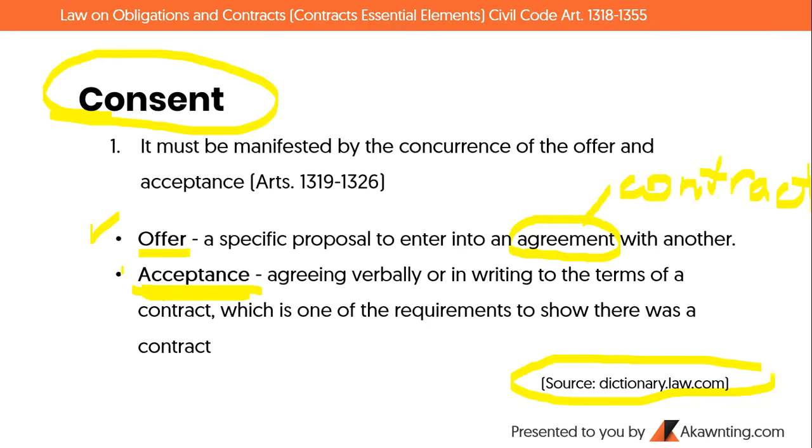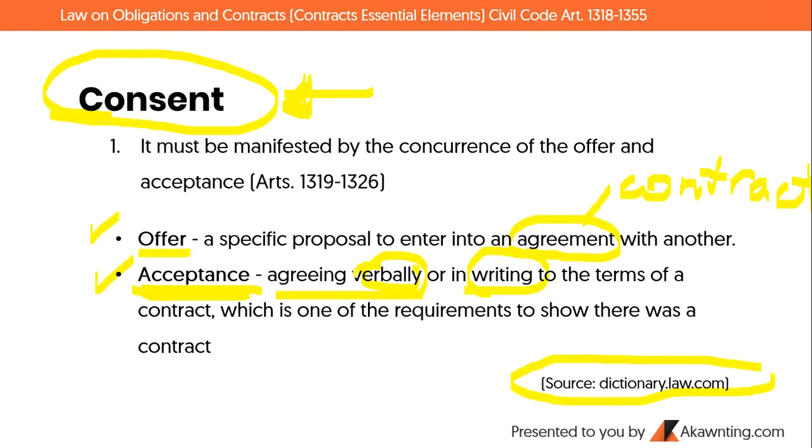So, both parties have a say on the perfection of a contract. First step pa lang tayo, syempre yung pag-gain ng consent. Okay? So, by the way, ang meaning ng acceptance ay agreeing verbally or in writing. Okay? So, ang acceptance pwedeng gawin verbally. Okay?